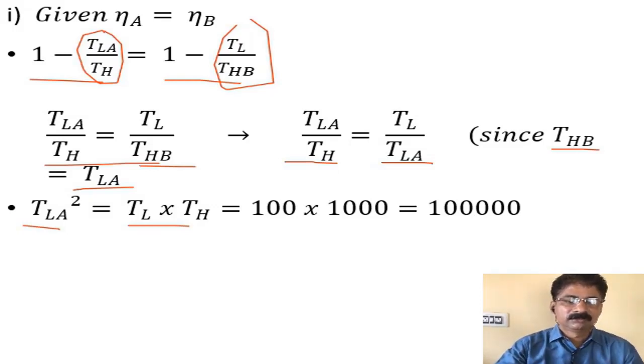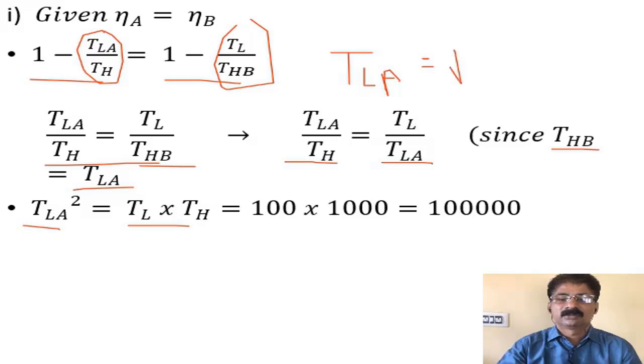So here if you write the expression, TLA square is equal to TL into TH. So what you can write is TLA is equal to square root of TL into TH. What is TL into TH? It's the product of the source temperature and the sink temperature, or TH into TL also you can write.